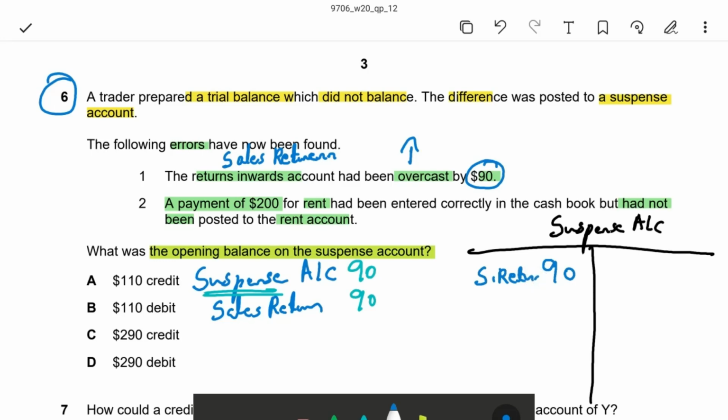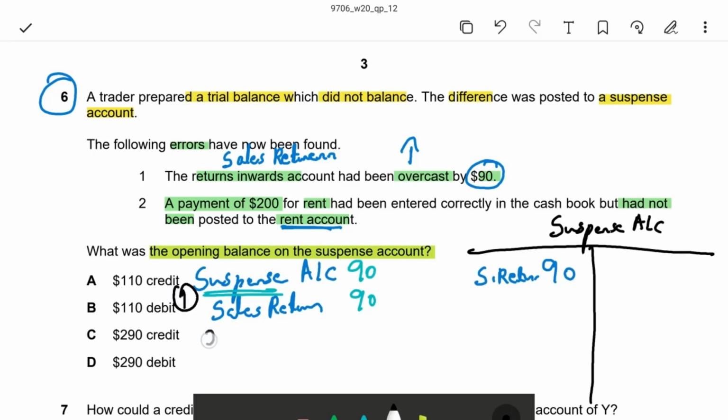Next, the payment of 200 for rent had not been posted to the rent account. Rent is an expense, and all expenses are debited.